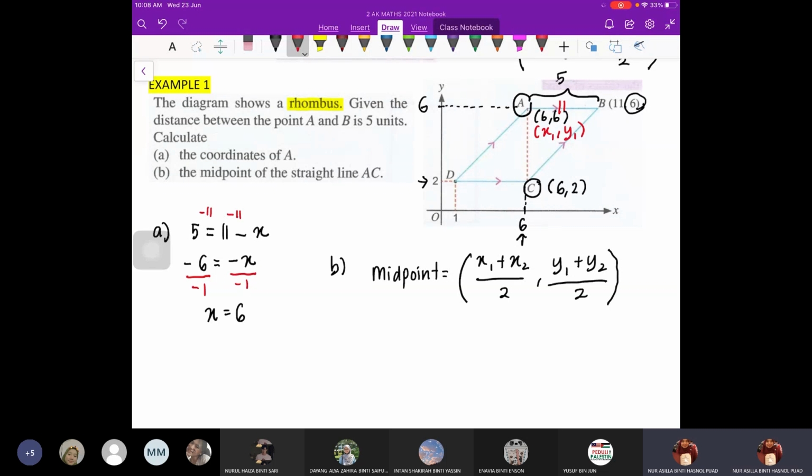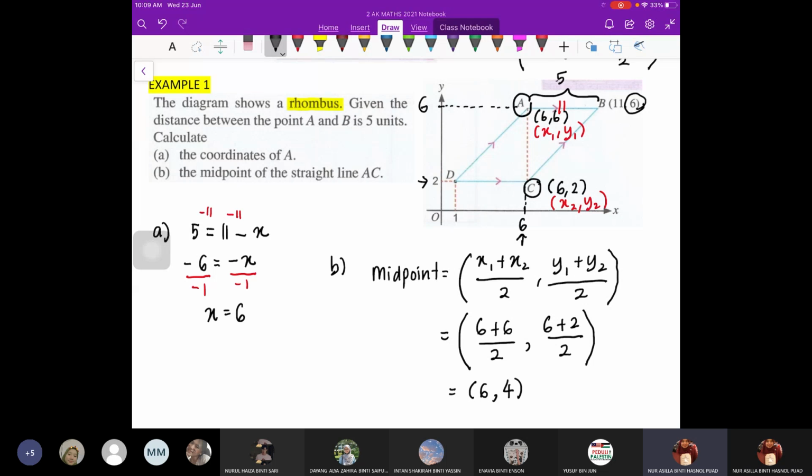Teacher letak kat sini x1, y1. This one will be x2, y2. Okay, I substitute in, so jadi 6 plus 6 divided by 2. And then 6 plus 2 divided by 2. So teacher akan dapat 6 and 6 plus 2, 8. 8 divided by 2 equals to 4. So this is my midpoint of straight line AC.